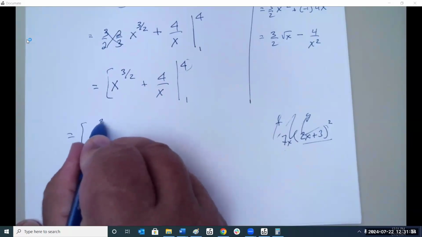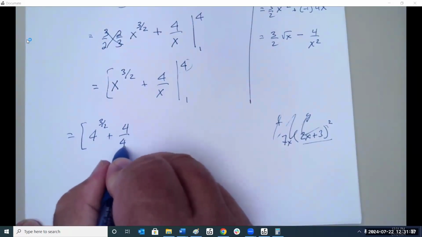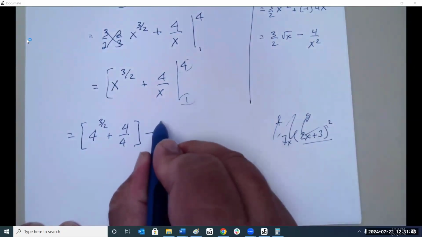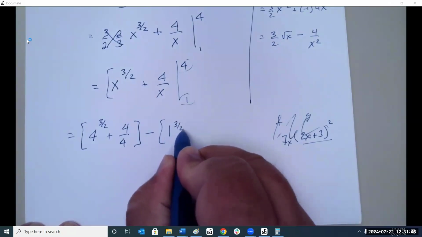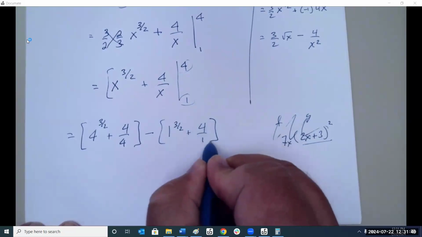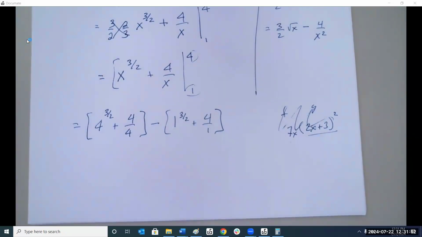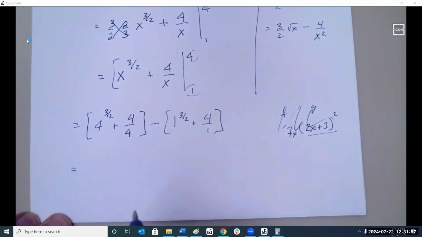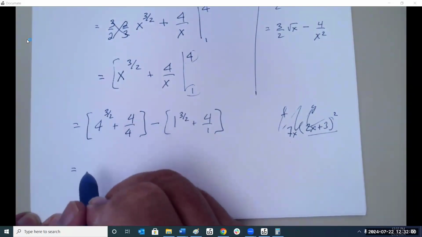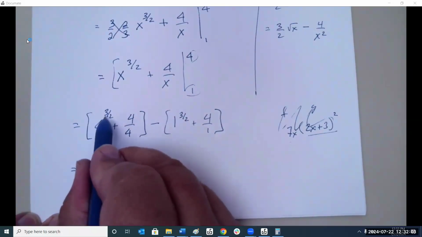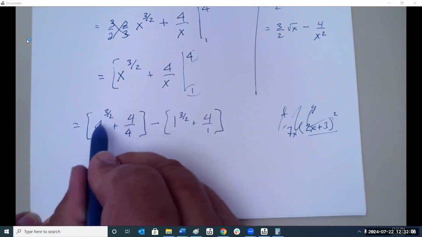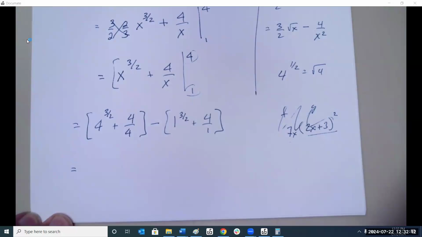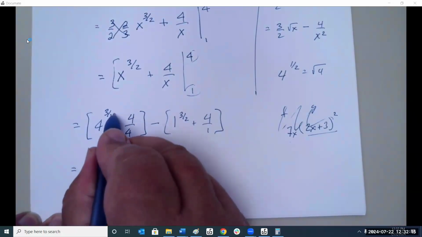So we have 4 to the power 3/2 plus 4/4, minus the bottom one, 1 to the power 3/2 plus 4/1. Remember, 4 to the power 1/2 is the same thing as the square root of 4, which is 2.